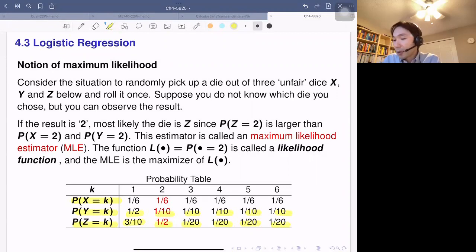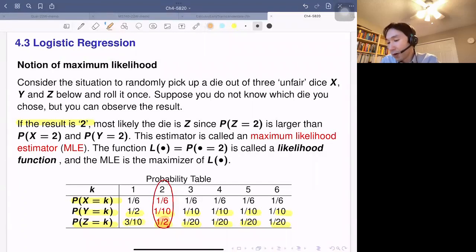Suppose that the result is 2. Then you can compare the probabilities 1/6, 1/10 and 1/2, and you can see that this 1/2 is largest. So we can say that Z is most likely the one we have chosen.